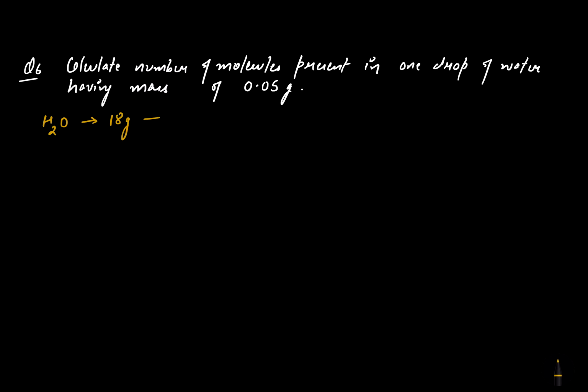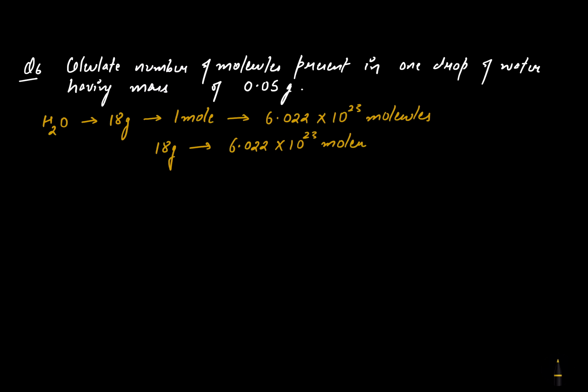The molecular weight of any molecule stands for 1 mole. 1 mole has 6.022 into 10 to the power 23 molecules. That means 18 grams have 6.022 into 10 raised to the power 23 molecules.